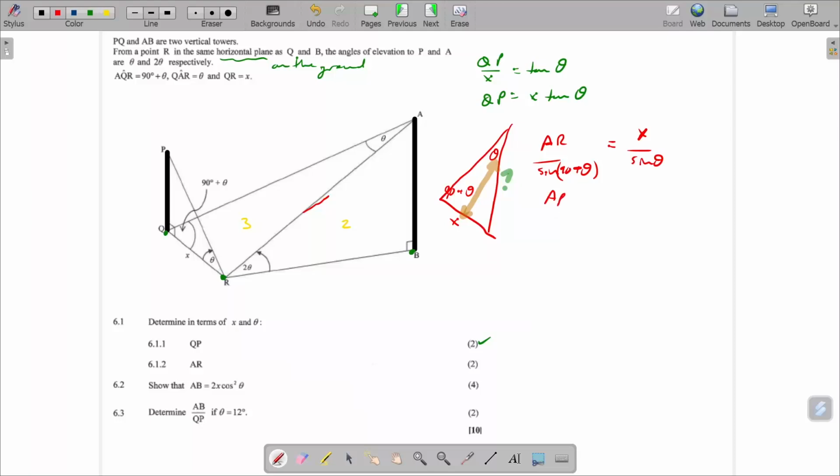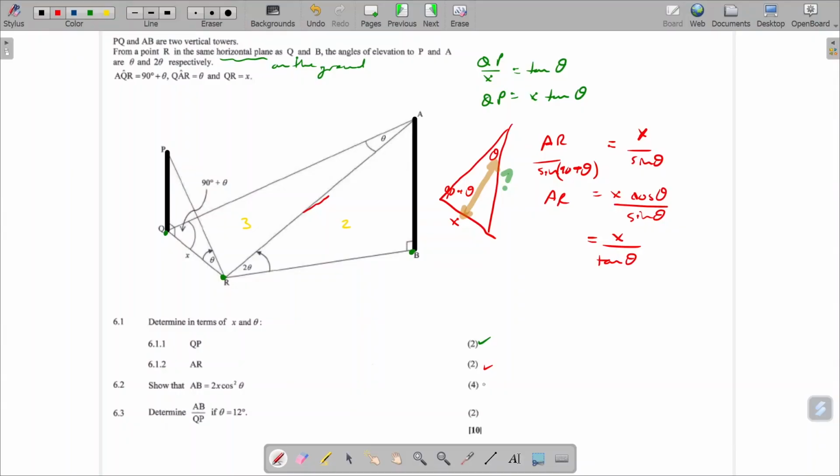So AR equals x cos theta over sine theta, which we could see as being x over tan theta. But I think that most examiners would accept that second line, x cos theta over sine theta. So again, not as easy, but achieved.